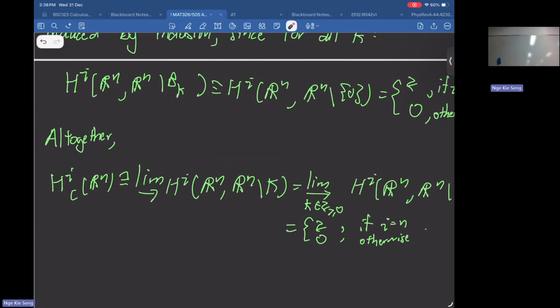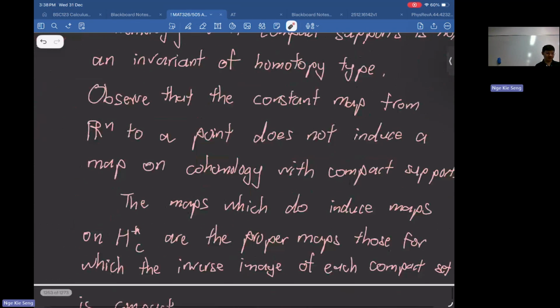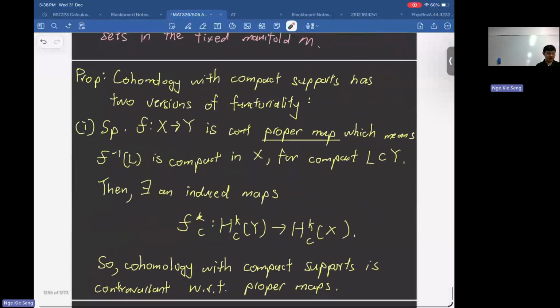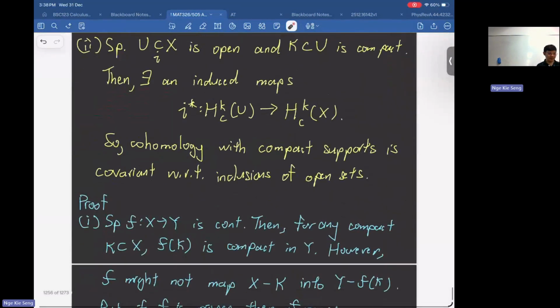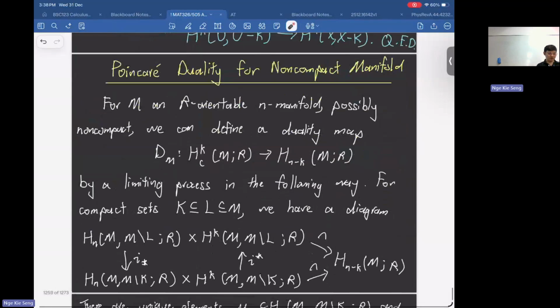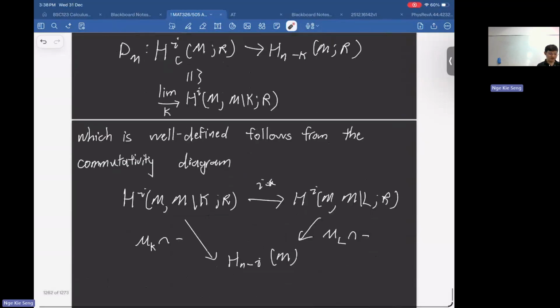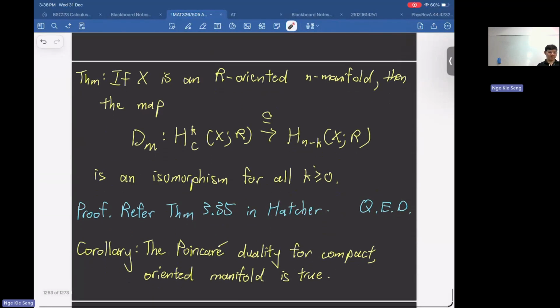This compactly supported cochain defines this. Then what's the statement here? Maybe I just go straight to the statement for the non-compact manifold. Then you will have duality between H_{n-k} homology and the compactly supported k-th cohomology. That's it.